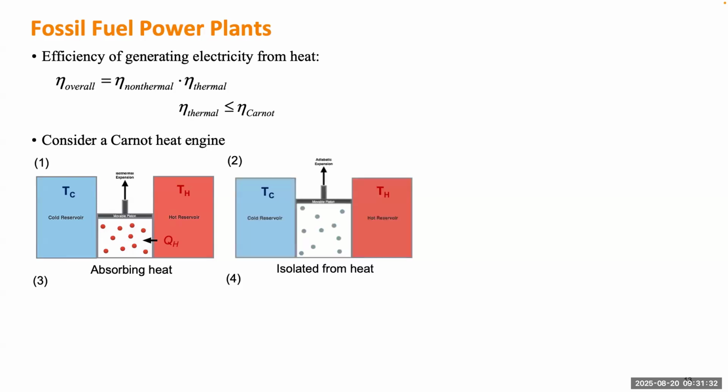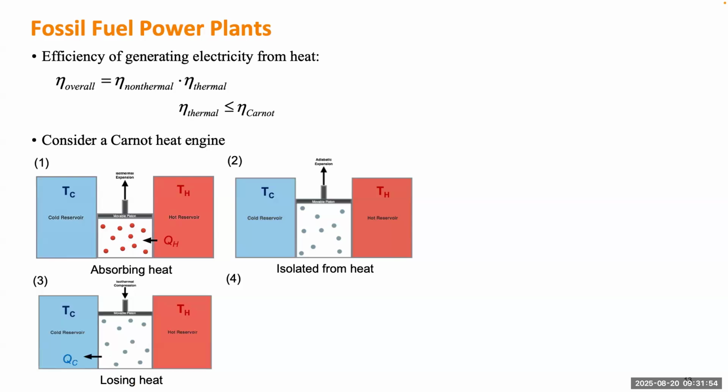That's the first step. And the second step, I just isolate the tank from the hot reservoir. But because it has already moved up at a certain speed, it cannot stop immediately. It will continue. But when it continues, the entropy of the tank will remain the same, but temperature can change.